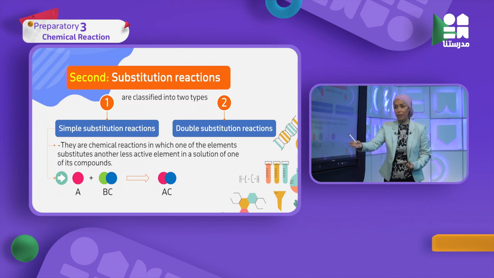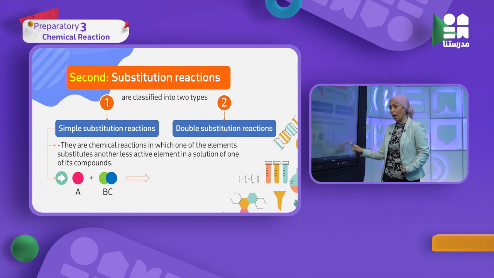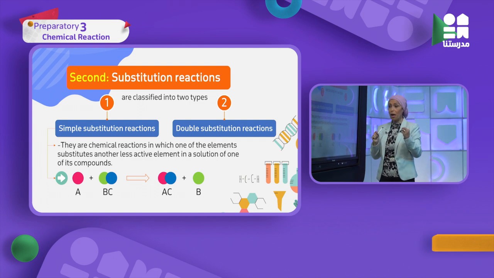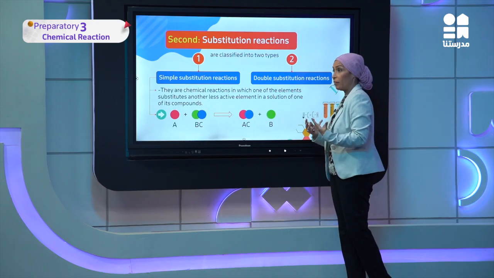So A plus B, kicks the B out and replaces it in the compound A, C and B. Put this in your mind and then we're going to apply it in all the chemical reactions in the lab.